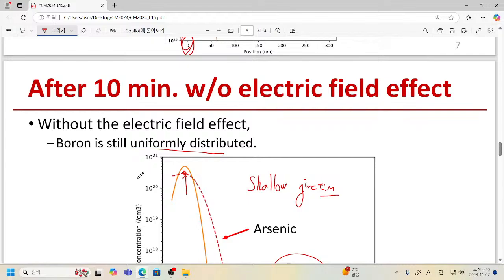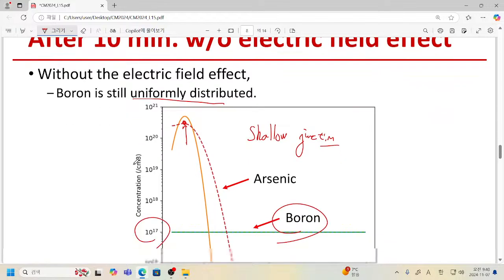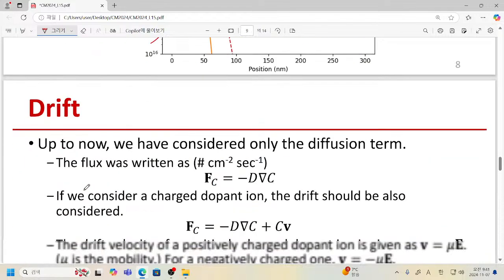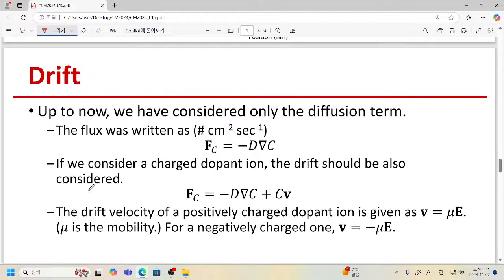So it has already reached uniform distribution, and although we solve the diffusion problem, that does not make any difference in our boron concentration. So it means that even though we have included boron in our simulation, boron doesn't play any role in this case. It's not that interesting. However, now think about the case shown here.